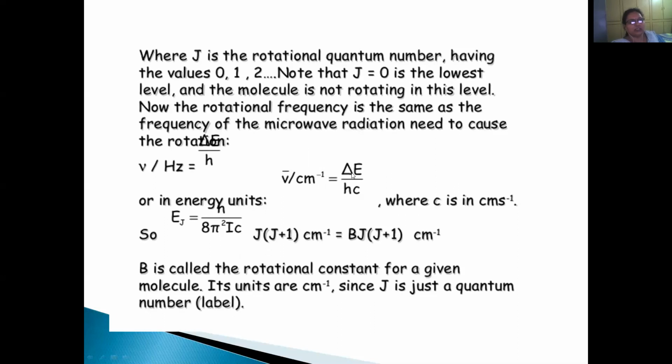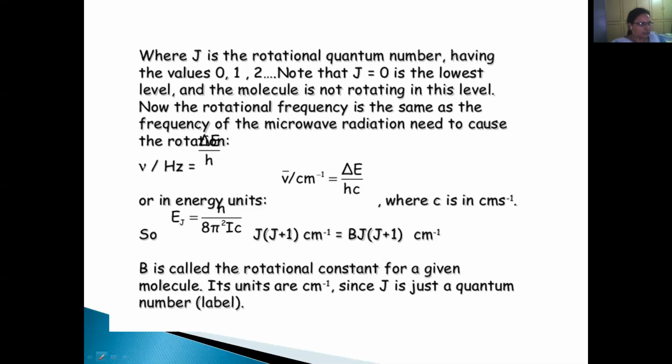And nu bar, the wave number, is delta E by hc, where c is in centimeters per second, the speed of light. So E_J will be h by 8 pi squared I c, times J(J plus 1).